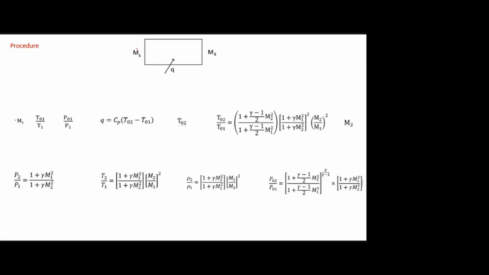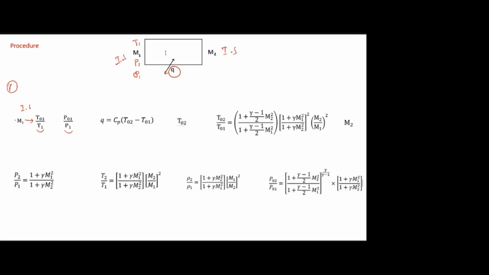Normally in the problem they will give M1, P1, T1, rho 1, etc. in station 1. Also they will give the Q value, whether it is heat addition or rejection. These will be the known parameters. So our first step should be, for this M1 we should go to the isentropic table and find T01 by T1, P01 by P1, because here you can apply the isentropic relation.